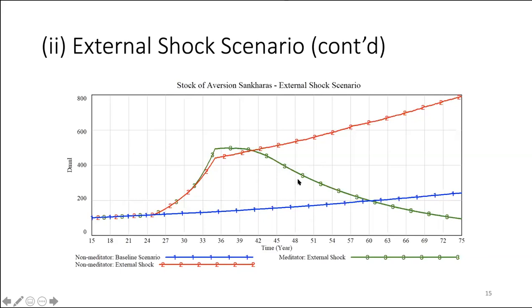And after sufficient time, after several decades perhaps, they might be even better off than the non-meditative person who never went through that extremely difficult period here. But what is more interesting here is this period where we seem to have a worse before better situation.